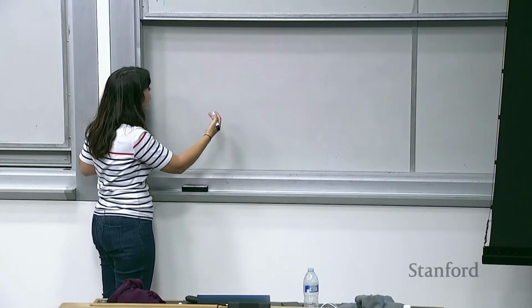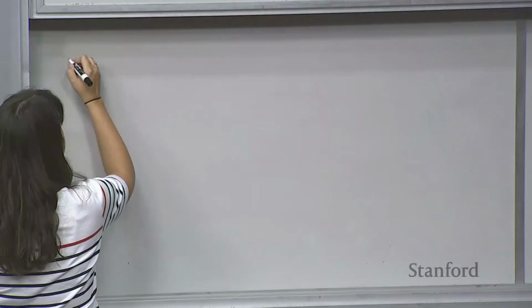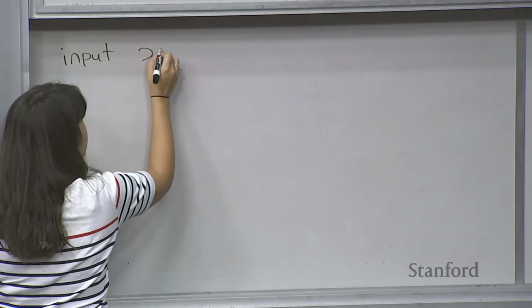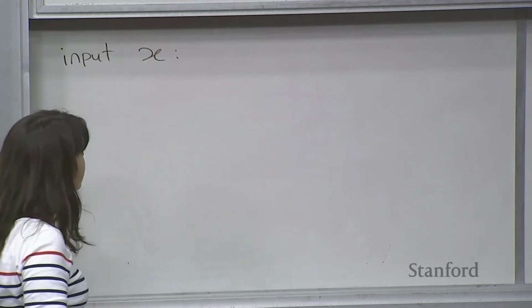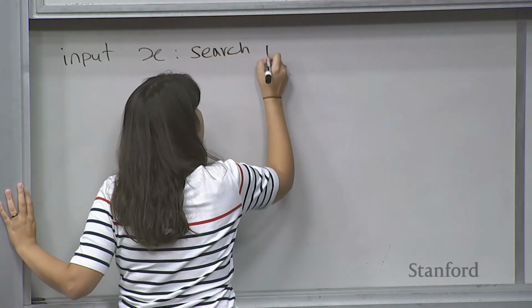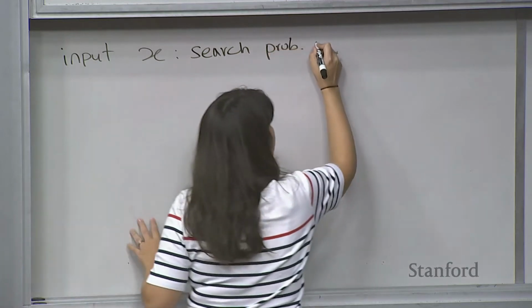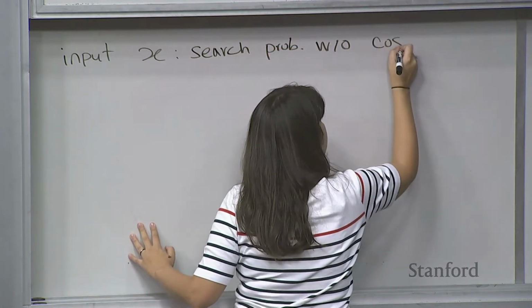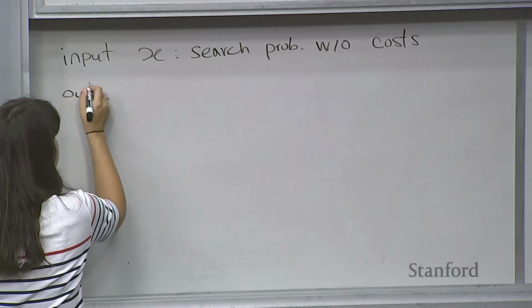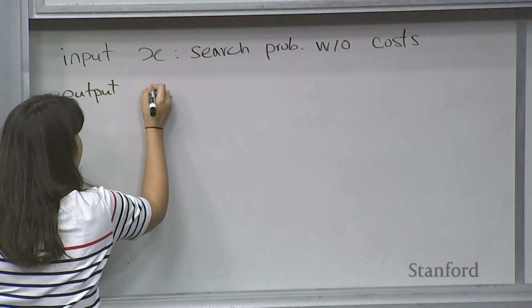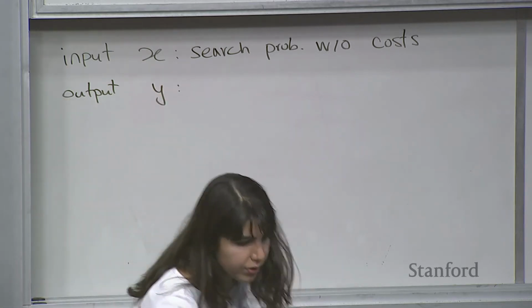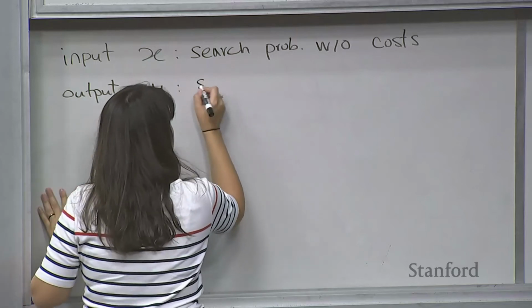And if you remember prediction problems, we had an input, x. In this case, our input is a search problem without costs, okay? So that is my input. And then we have outputs, and in this case my output y is this optimal sequence of actions that one could get. So it's a solution path.